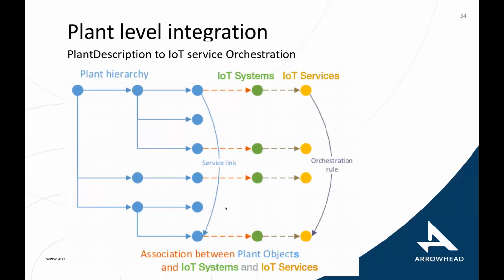But the additional thing we are after is also to be able to create these orchestration rules. Who's going to talk to whom, and how can we extract these orchestration rules such that we can bring these into the machinery, so that this works with less need for engineering and operational staff.